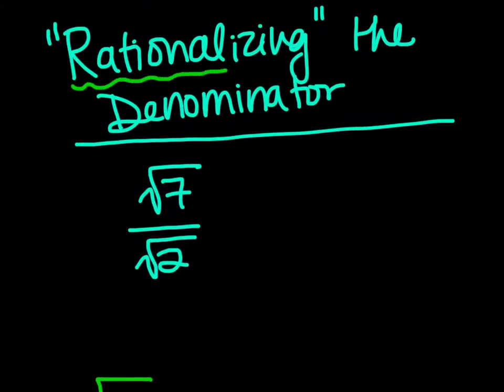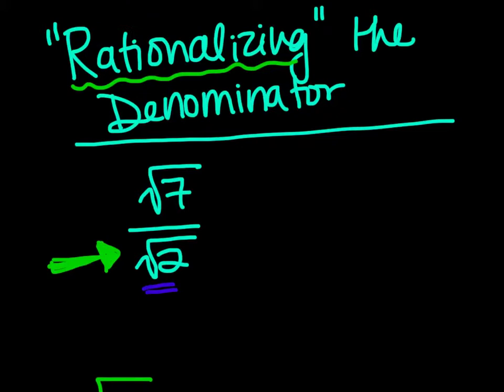Rationalizing the denominator. So rational numbers are those square root numbers, and if you notice in this sort of problem, we have essentially the square root of 7 over the square root of 2. And the square root of 2 is bad to have in a denominator.